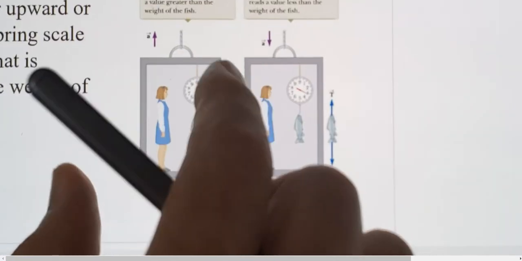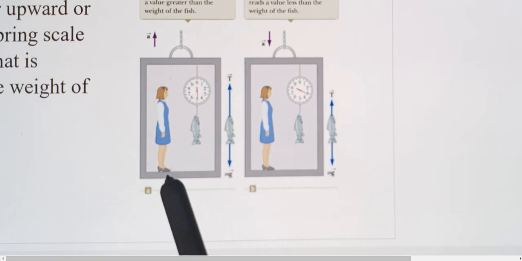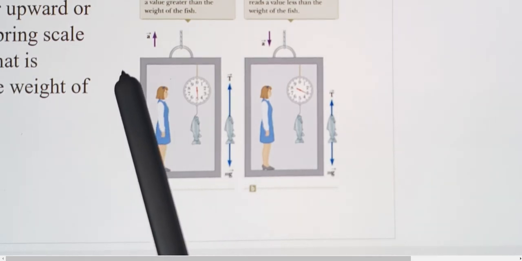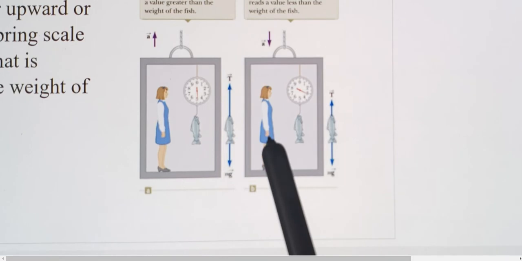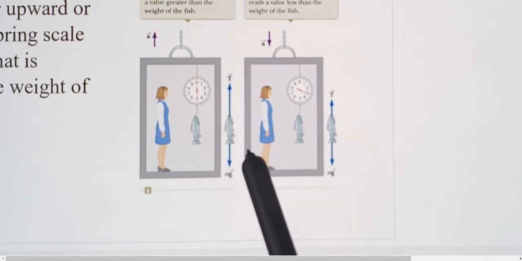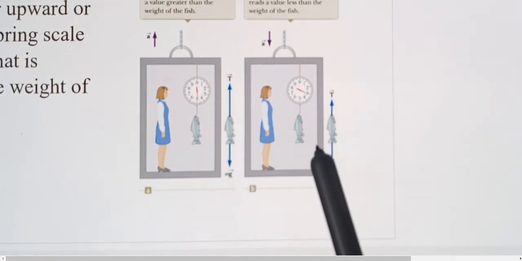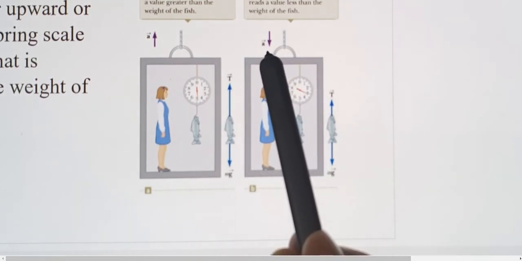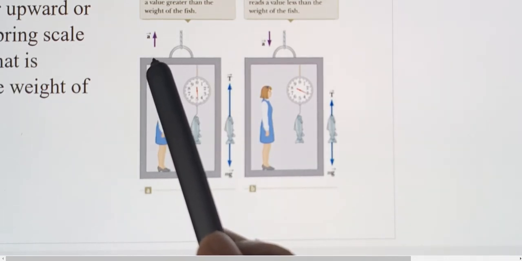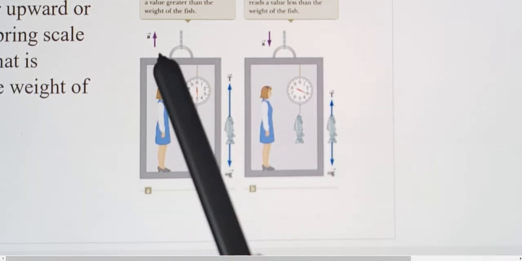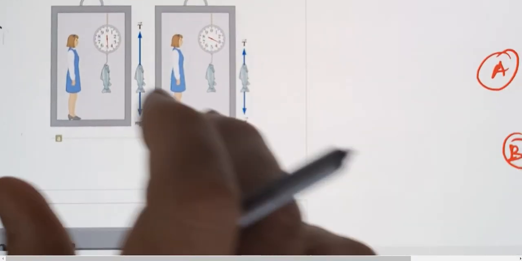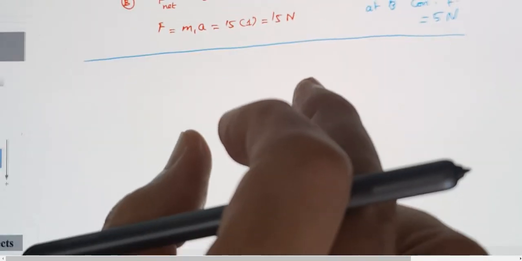Like in this situation, suppose that a person standing on a balance, and the elevator is going up with acceleration or going down with acceleration, net acceleration. Gravity is always there. So what will be the weight for the person in this situation, and what will be the weight of the person in the other situation? This is a typical problem. You will find it in all physics books. So let's try to explain it.